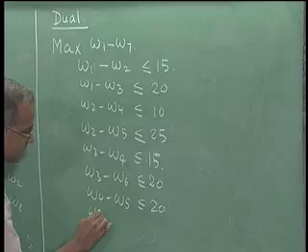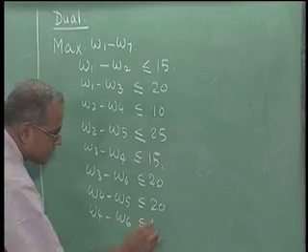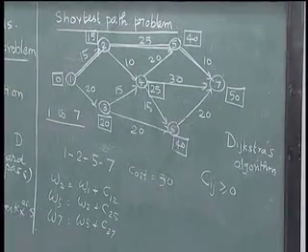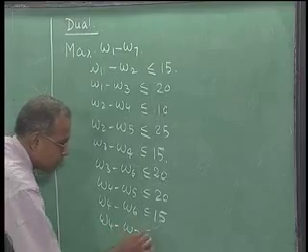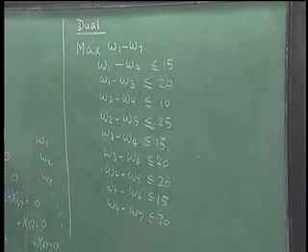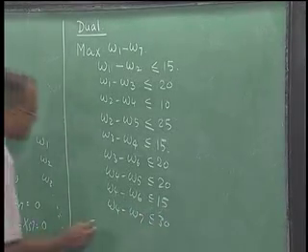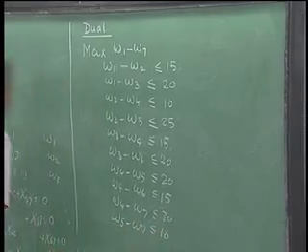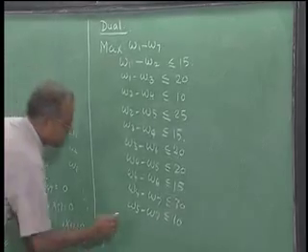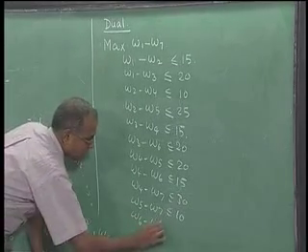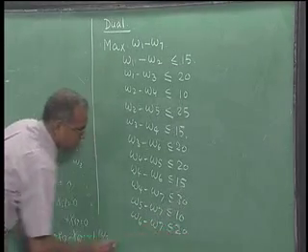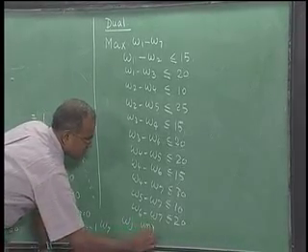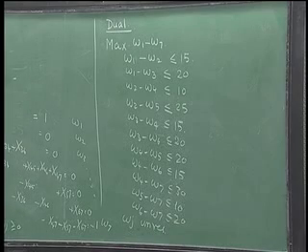W4 minus W6 is less than or equal to 15, W4 minus W7 less than or equal to 30, W5 minus W7 less than or equal to 10, W6 minus W7 less than or equal to 20, and importantly Wj is unrestricted in sign.